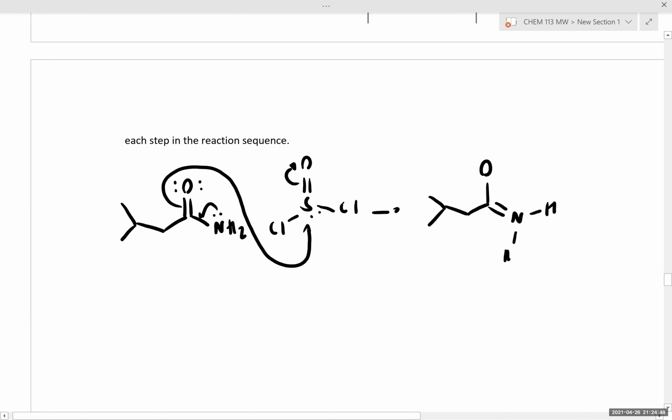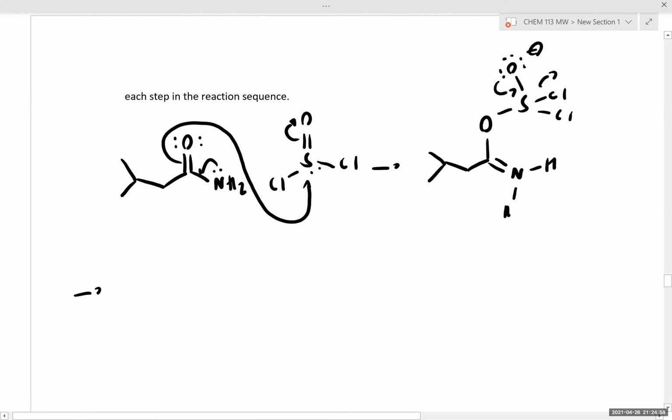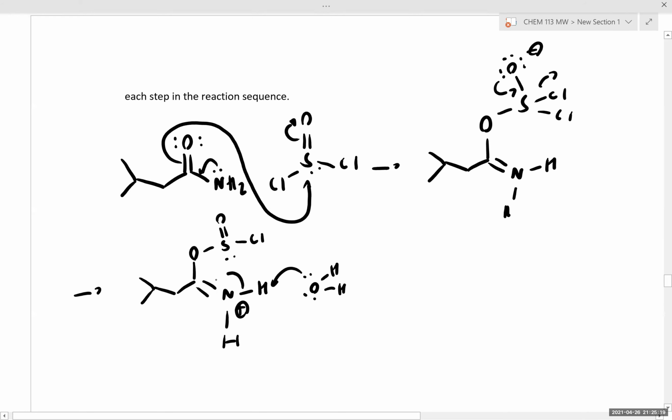From here now, thionyl chloride will collapse and will kick out an equivalent of chloride. From here, we can now pull off a proton and kick out our wonderful activated leaving group.